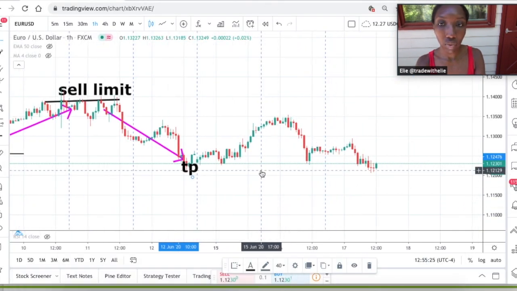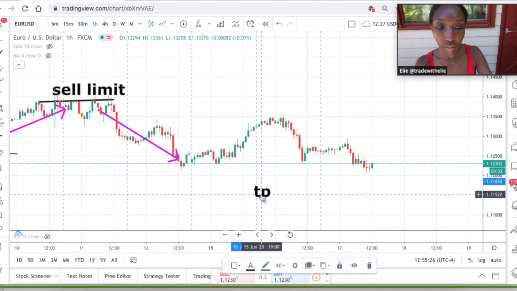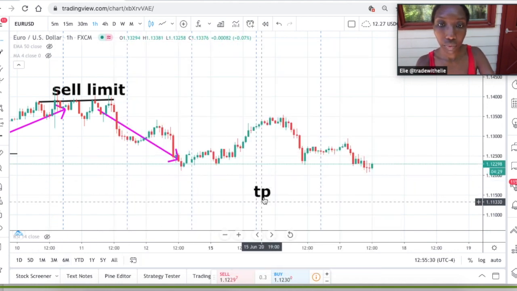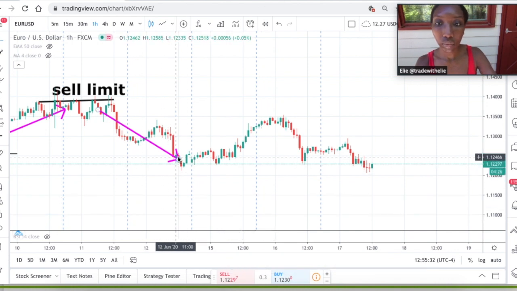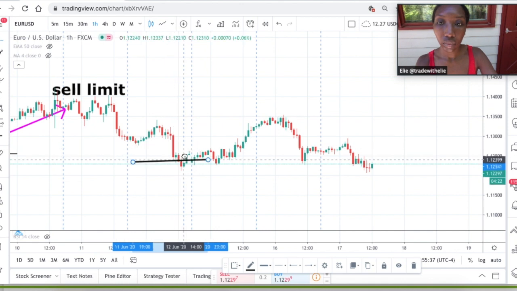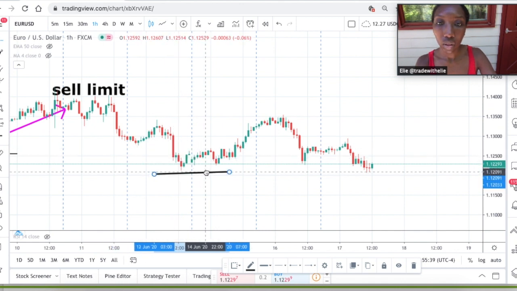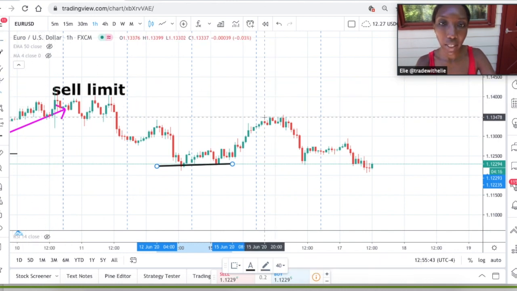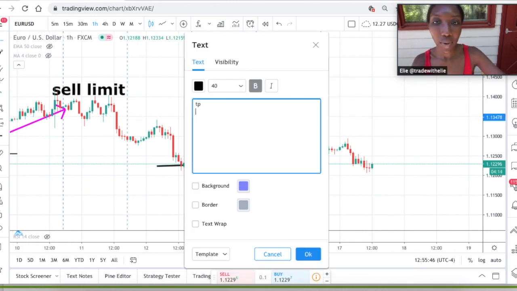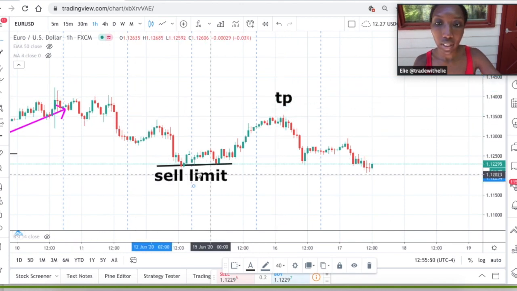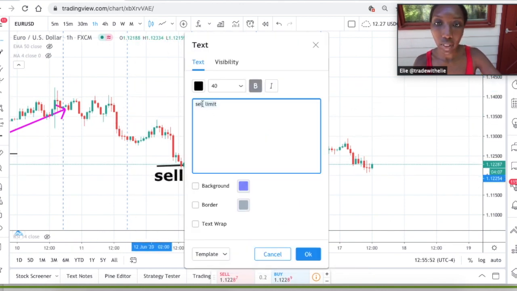So for instance, right here. We have our pending order here. I could have kept that take profit. Our take profit is right here. This now becomes our buy limit.